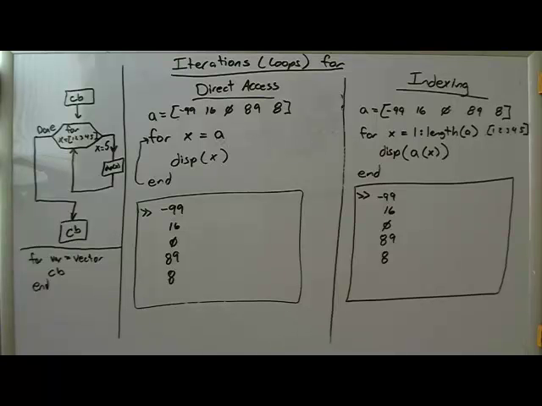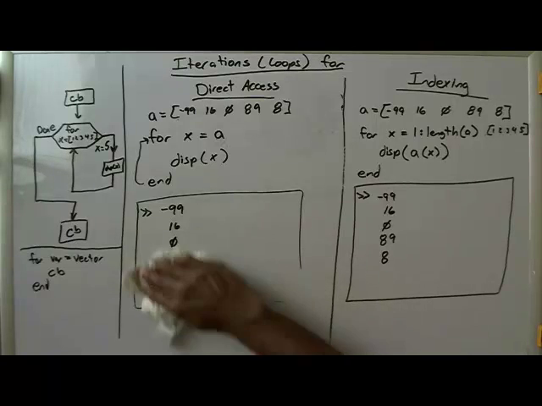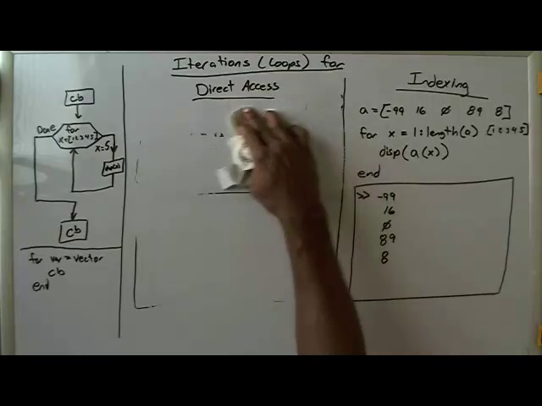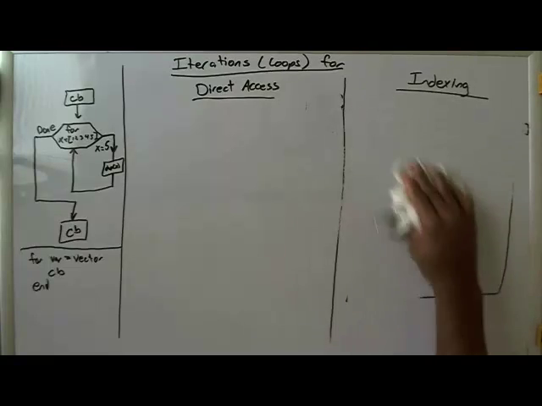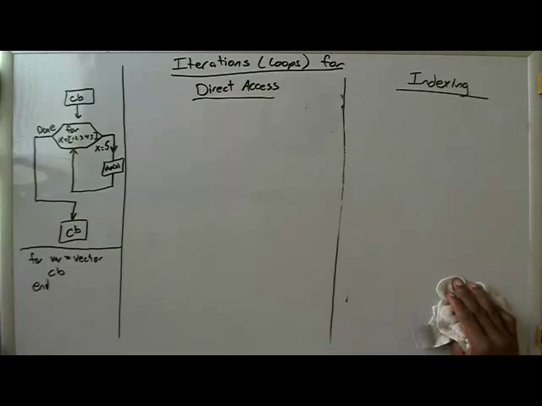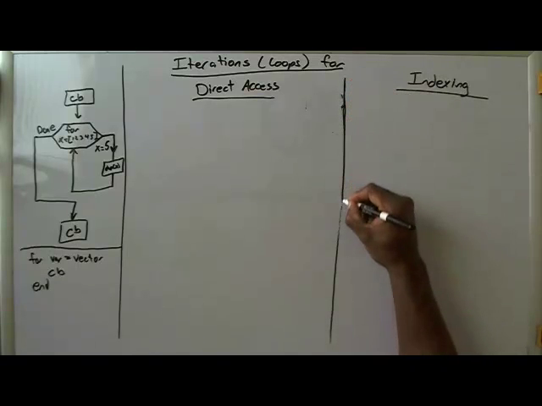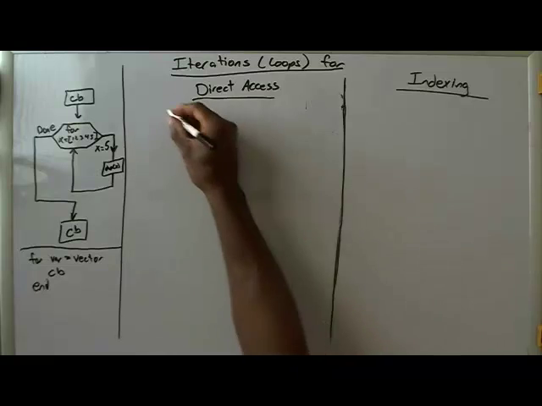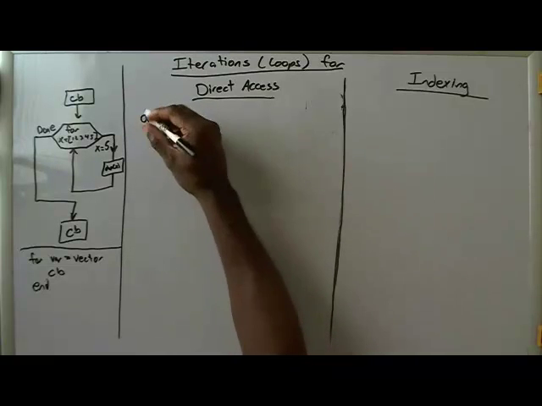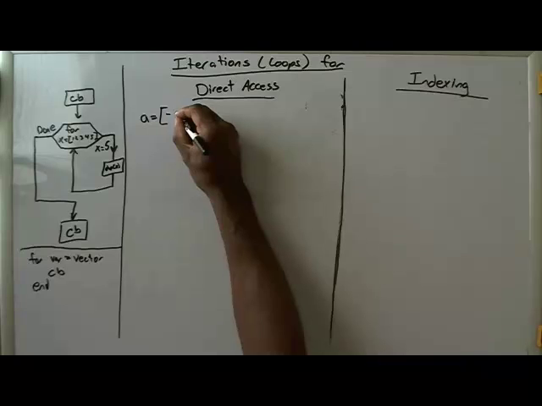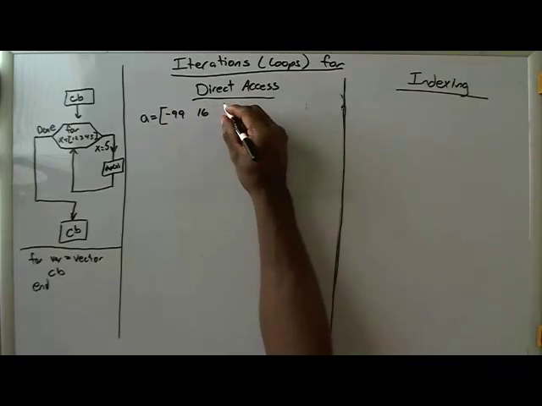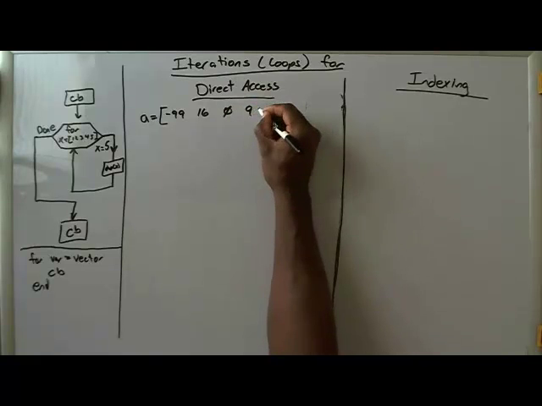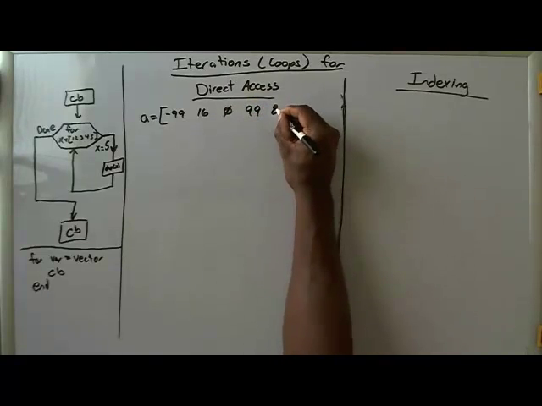Okay, so for the next example, erase this. For the next example, I'm going to get in a vector a, and we can just use the same vector we just used, -99, 16, 0, 99, and 8.